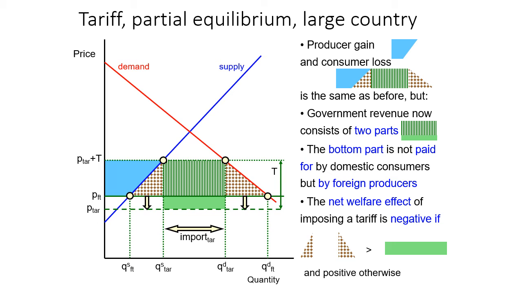But unfortunately, what could occur is we still have a net welfare loss, because the new green block might be smaller in size than the Harberger triangles. So this is something to consider. This is something you need to discuss in terms of your work.